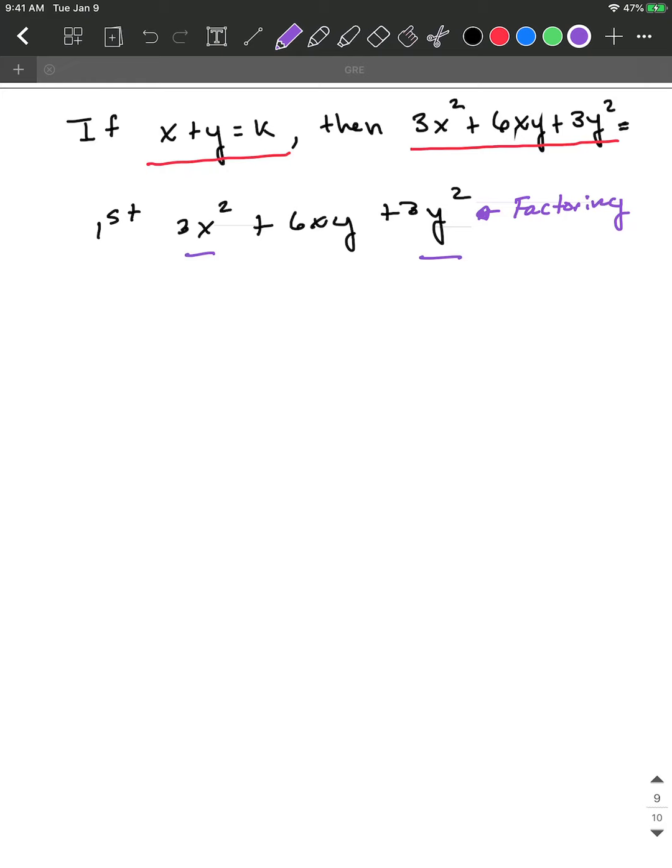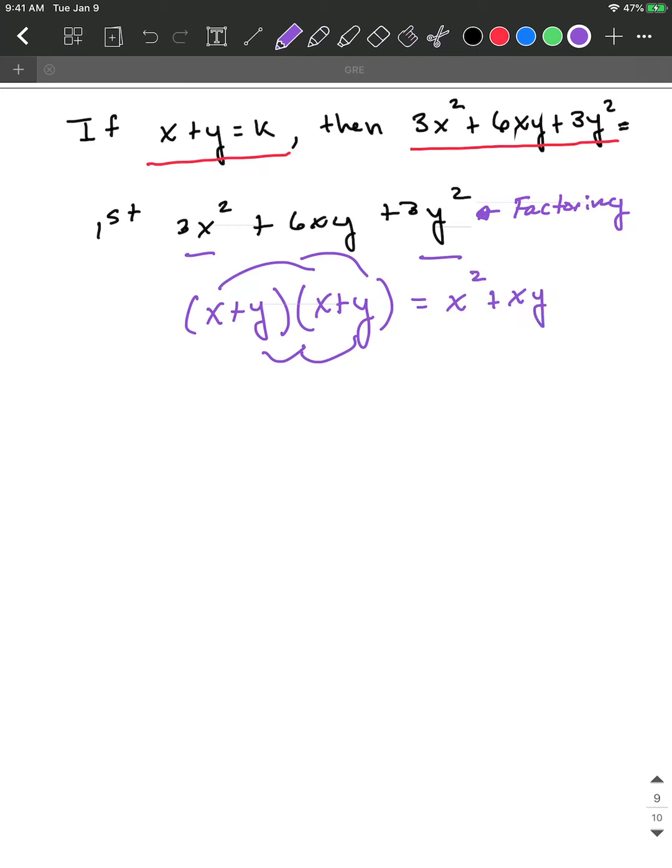So a way that could be written is x plus y times x plus y. So when we start FOILing this out, we'll notice that the first terms give us x squared, the inner terms give us a 2xy, and then the outer terms give us a y squared.